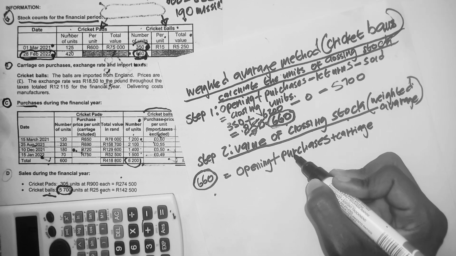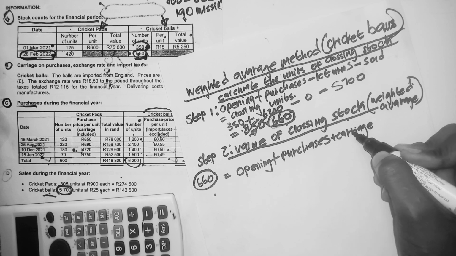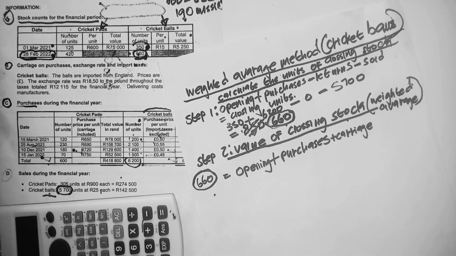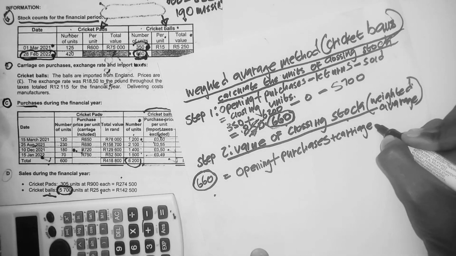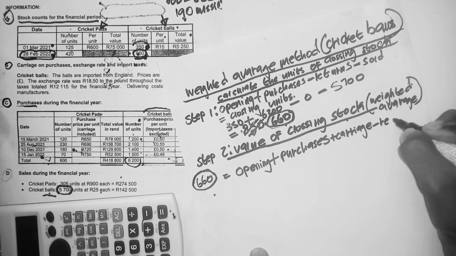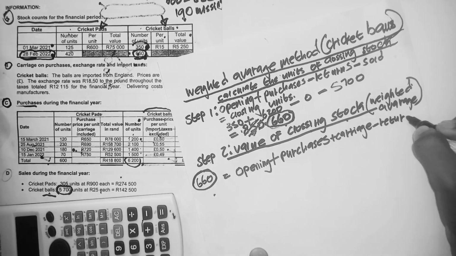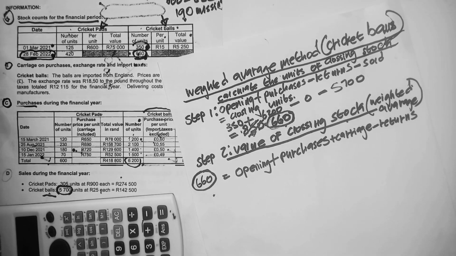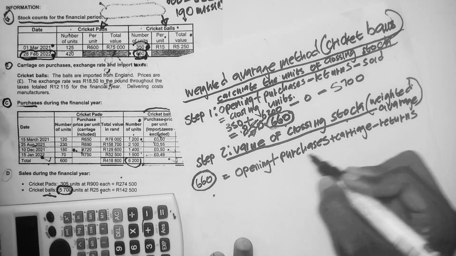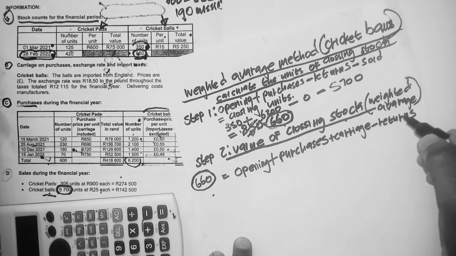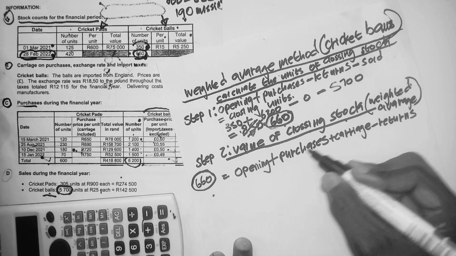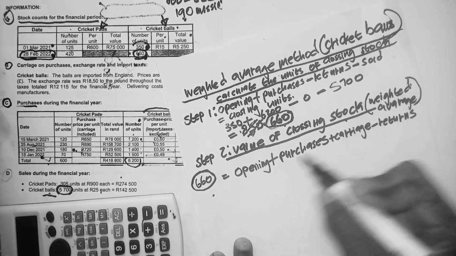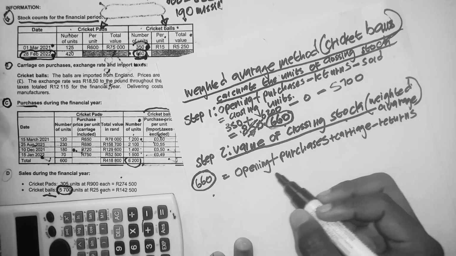If they don't include it in purchases, we have to include it ourselves. After carriage, minus returns. What does returns mean? It means any stock that we purchased and then decided to return back to our supplier. So opening plus purchases plus carriage minus returns. This amount will give us the value of our stock.